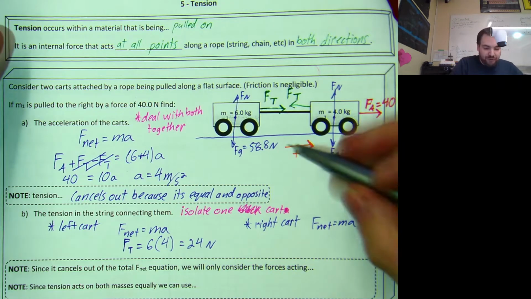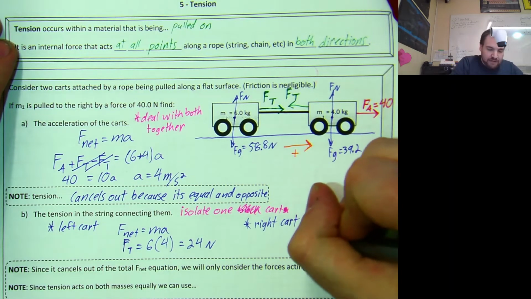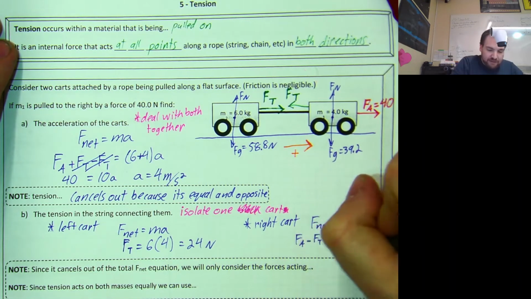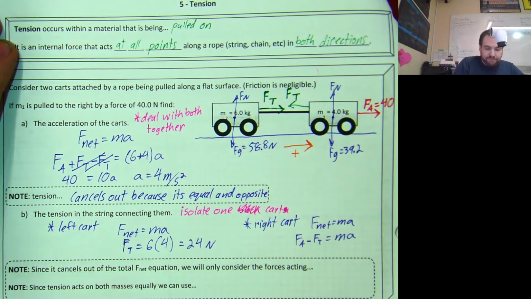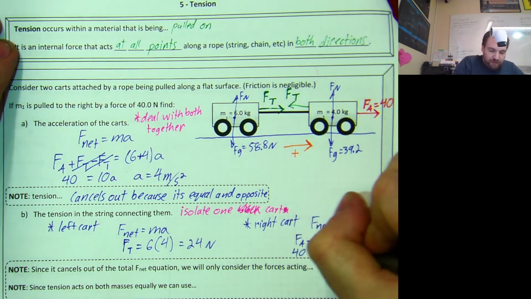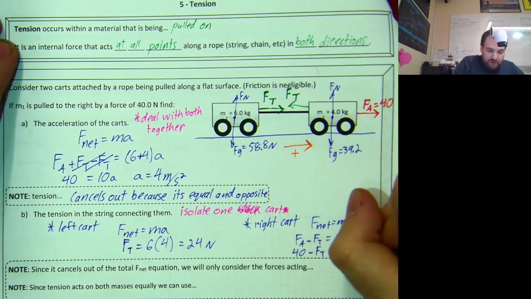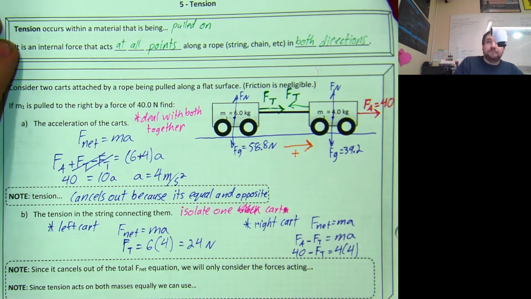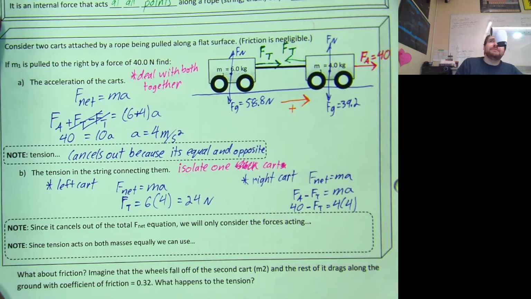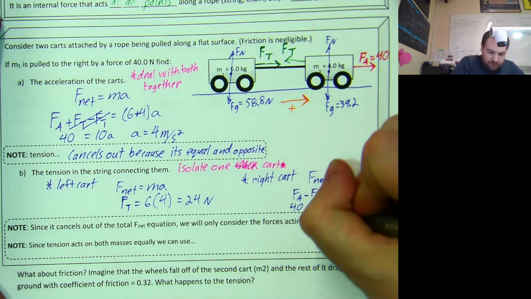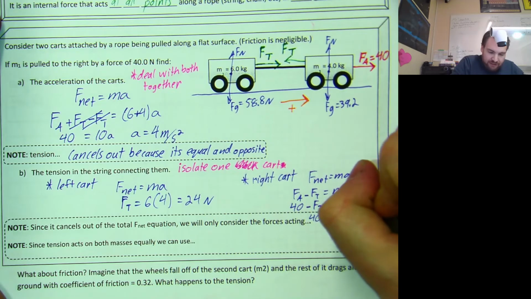Fa. So for this one, it's going to be Fa minus Ft equals ma. Fa was 40, minus Ft equals 4 times 4. Sorry, I'm running out of space here. So I'm going to get 40 minus Ft equals 16.